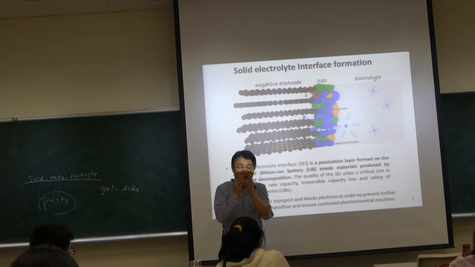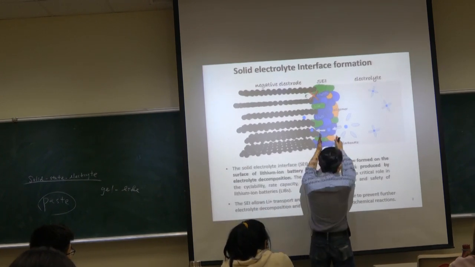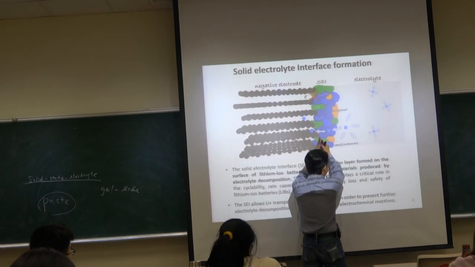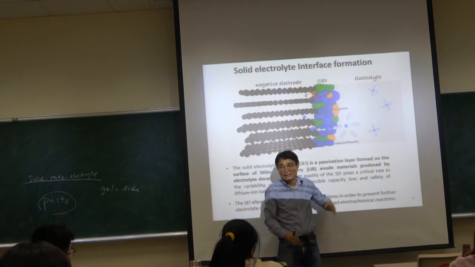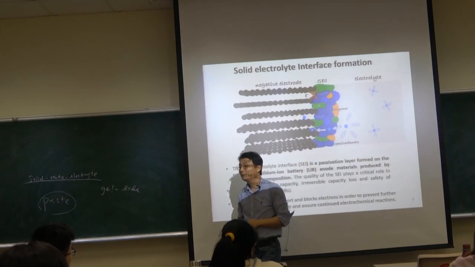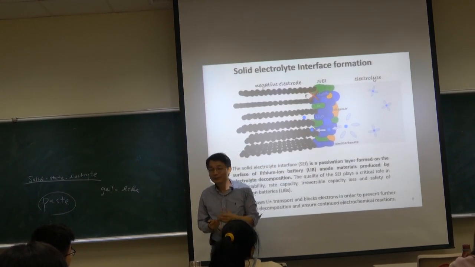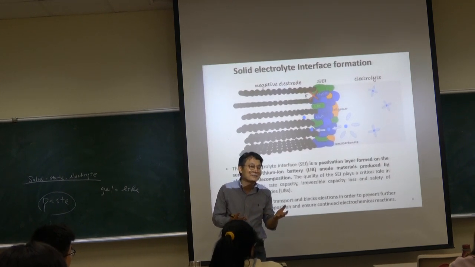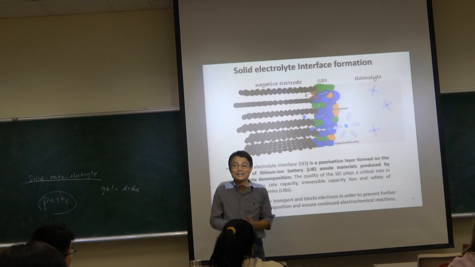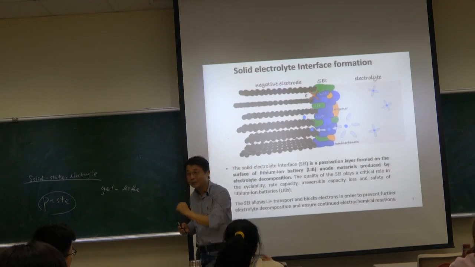So that means if you have a thicker SEI, that means your electrolytes have completely reacted, right? So you have less electrolytes, and the battery cannot function. Do you understand? So that's why you have to control SEI.